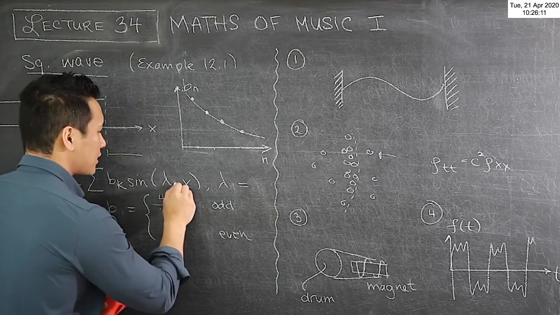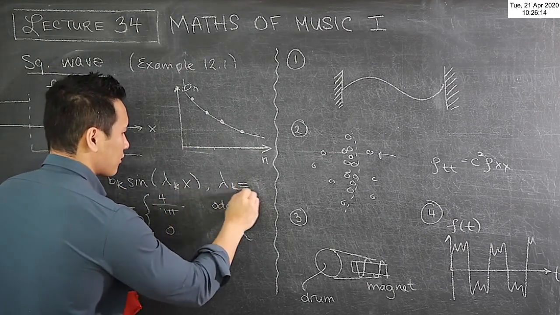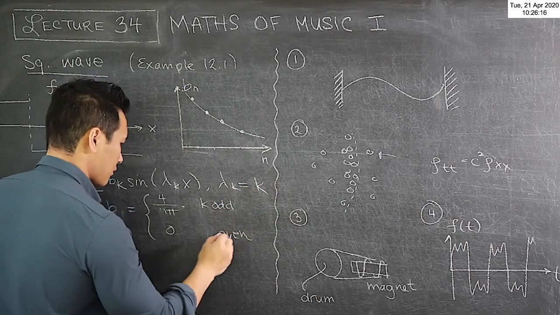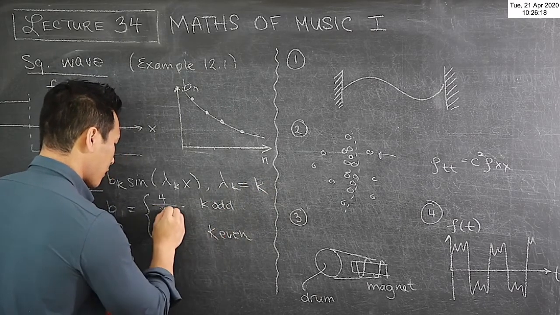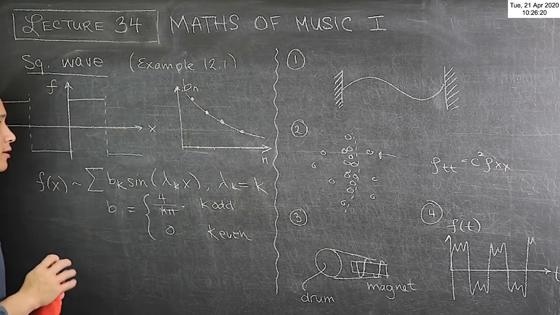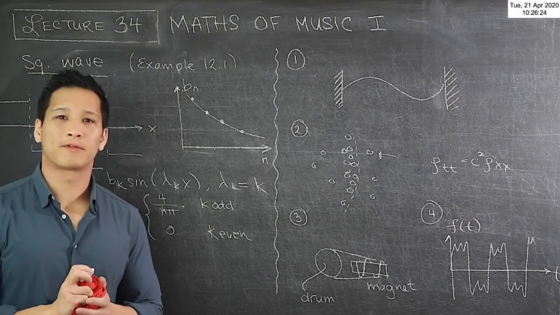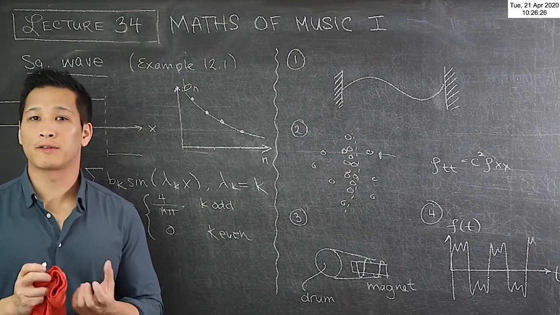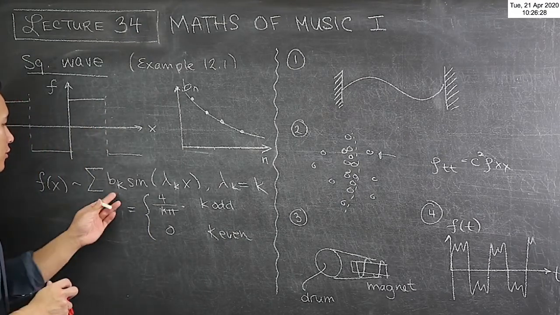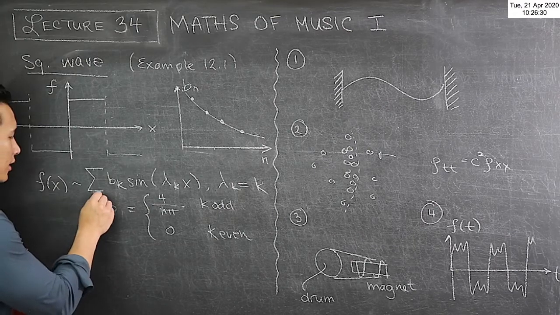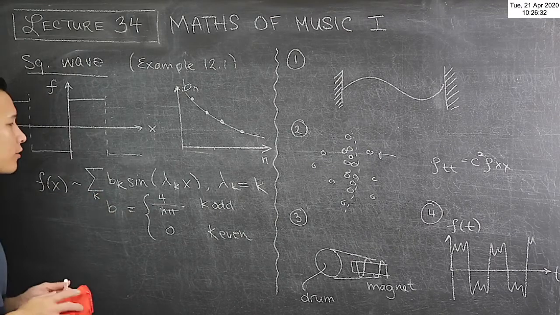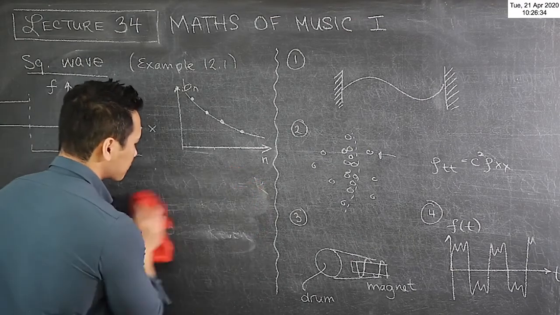So k is the index now, because in later applications of Fourier series and what's known as the Fourier transform, you often use k as the Fourier variable. So here we're going to index over k.